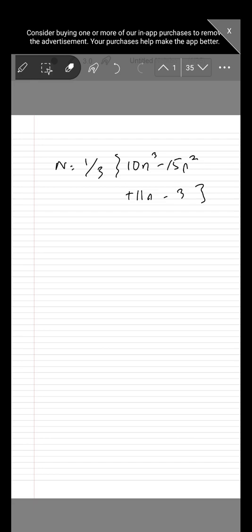So let's take n is equal to 2 and see what is going to happen. This will be 1/3 into 10 into 8 minus 15 into 4 plus 11 into 2 minus 3.